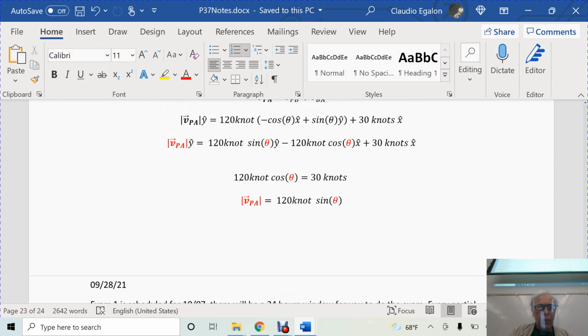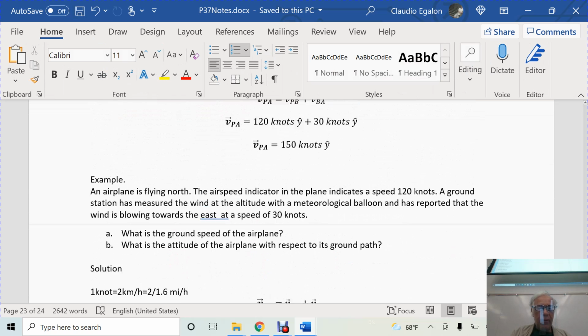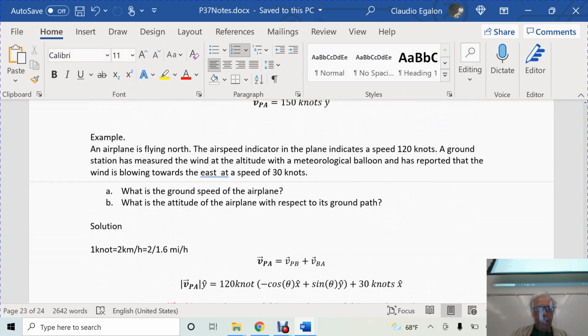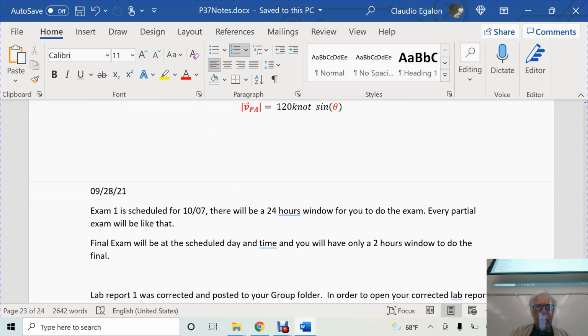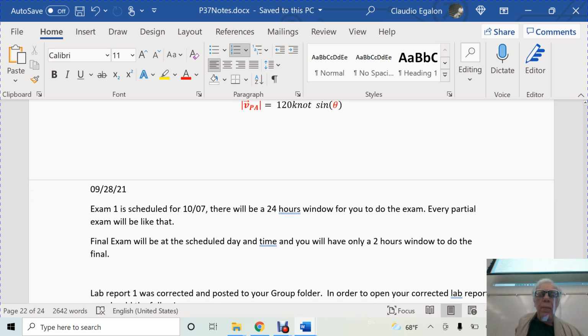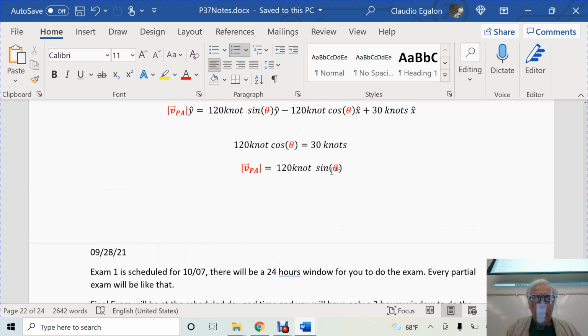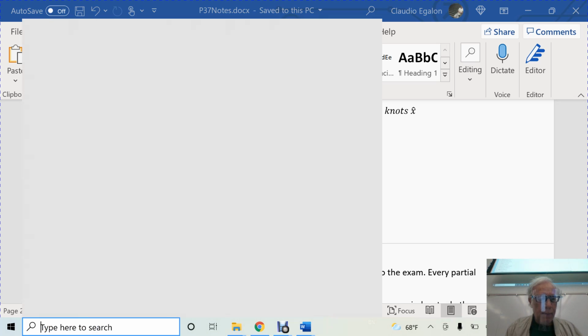Okay, so here you go. That was what we did last time, right? What we did last time was relative velocity. Let me get my PowerPoint as well.